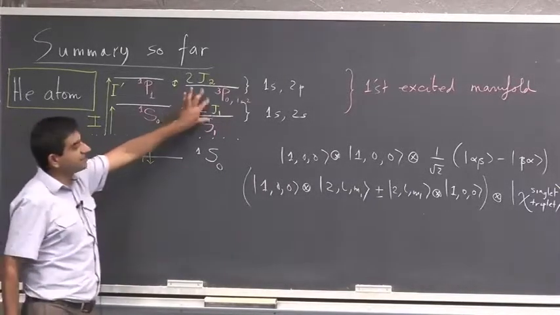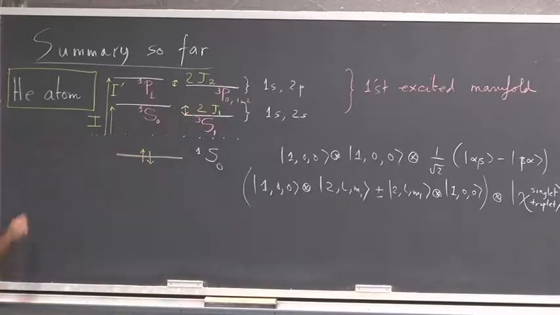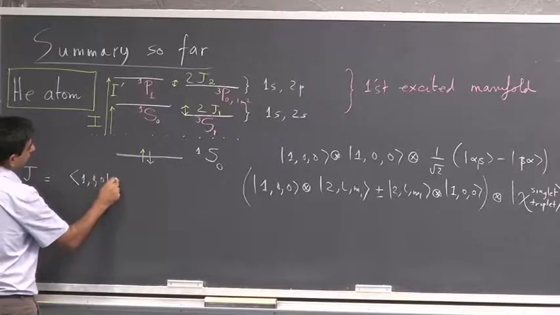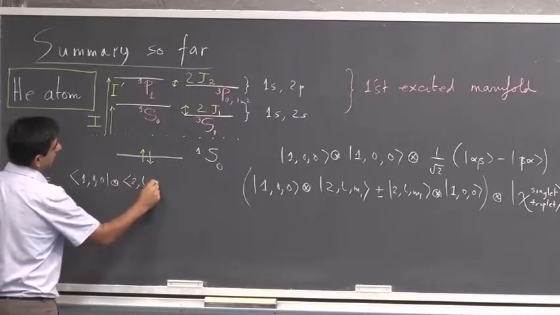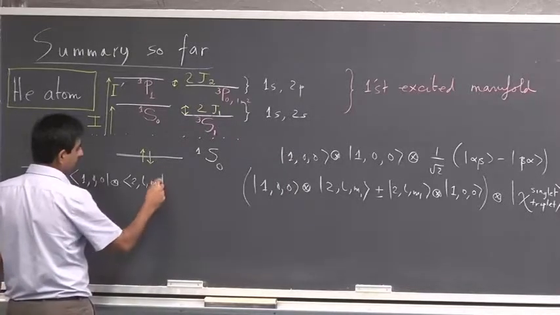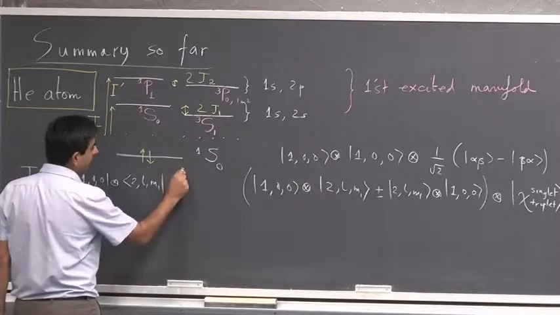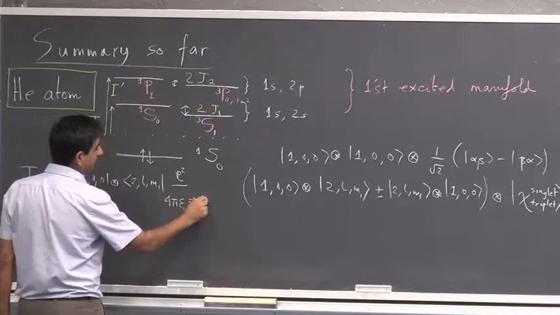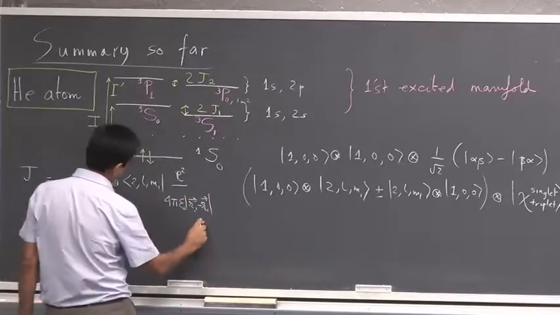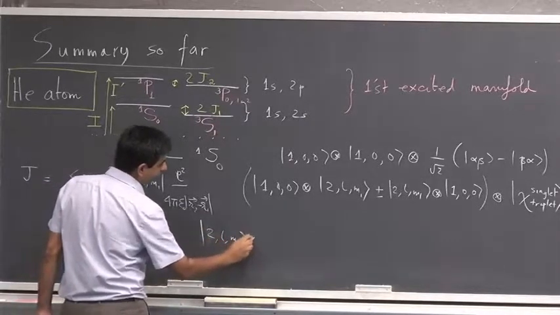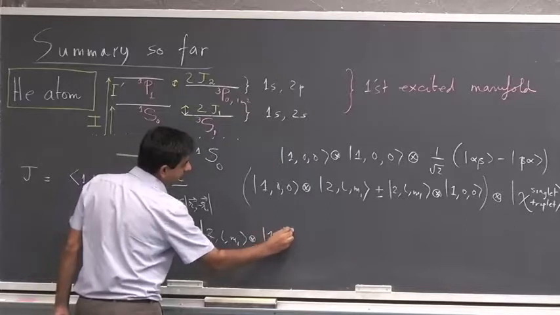Now this exchange integral J, we've derived this. This is given by 1, 0, 0 crossed with 2 L M L, with 1 over e squared over 4 pi epsilon naught, R2 minus R1, between 2 L M L crossed with 1, 0, 0.